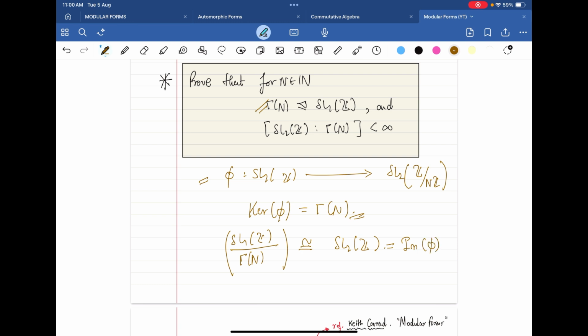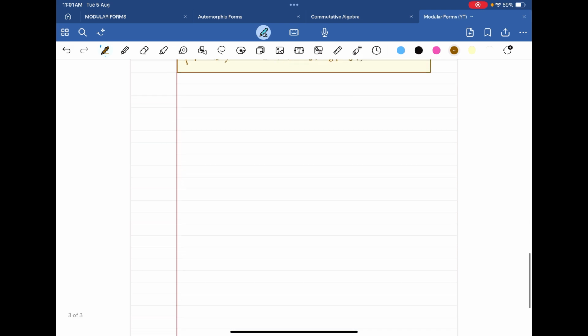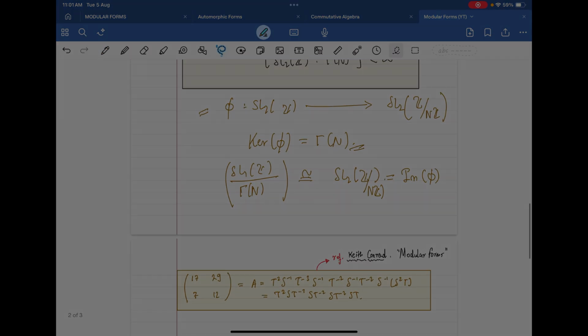And because it's surjective, the image is the full group we are mapping to. So I will just move this part.